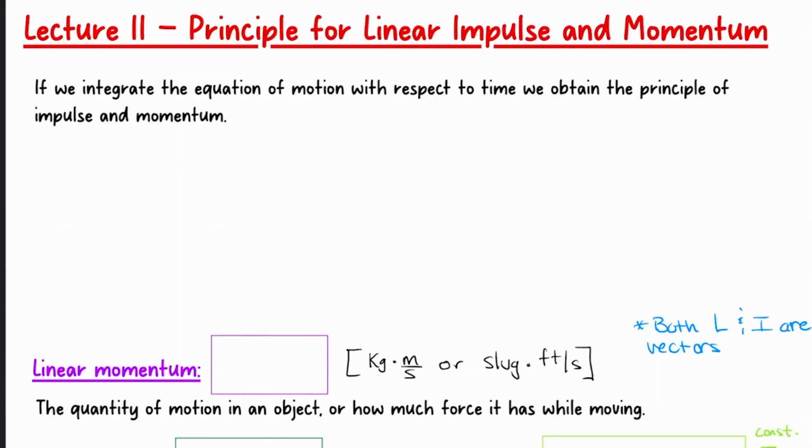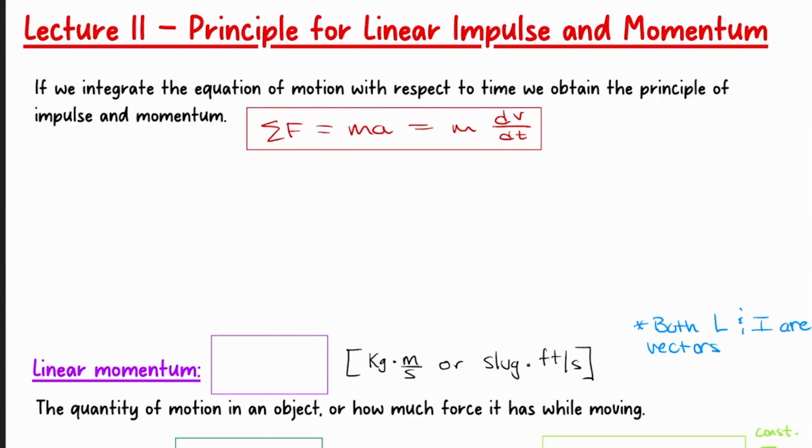So when we have the equation for the summation of forces, we have the sum of forces equals mass times acceleration. And if you write acceleration in its variable form, the sum of forces equals mass times the derivative of velocity with respect to time, considering of course that m is constant.